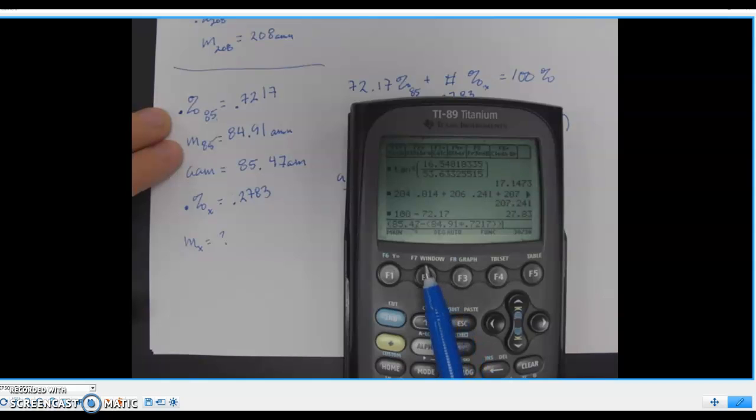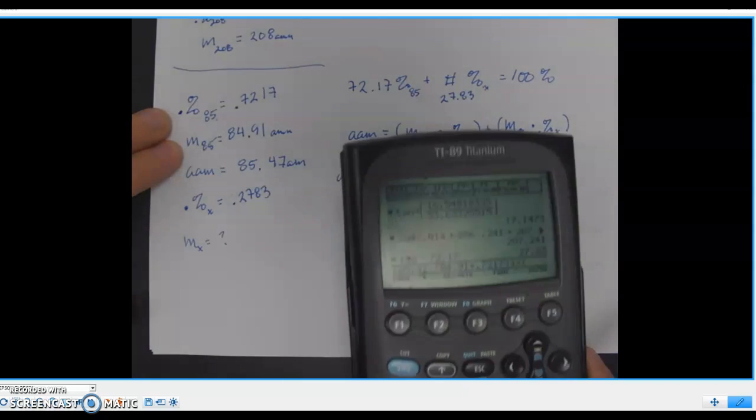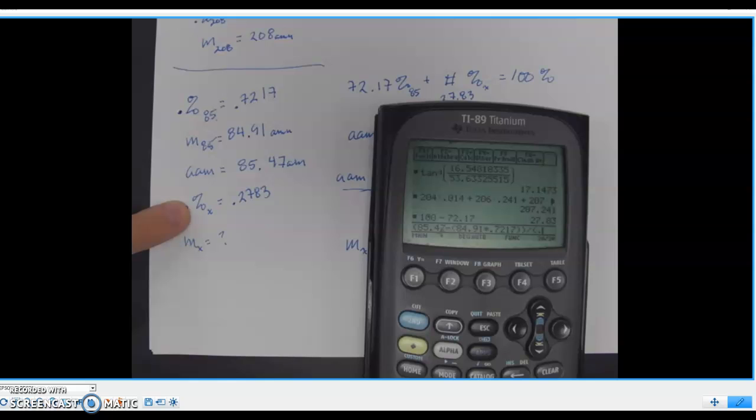Now look, I told my calculator I want to multiply this first and I want to subtract it from that. But this whole thing is on the top of my fraction. And I'm going to divide that by the decimal form of the percentage of X, or 0.2783.